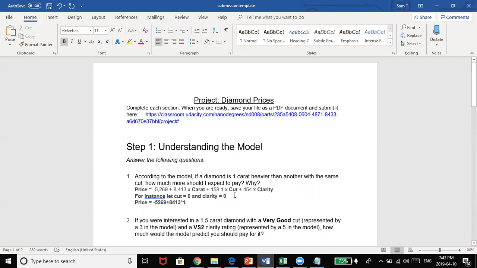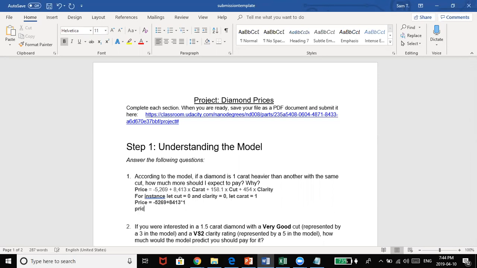So I said, for instance, let the cut be equal to 0 and the clarity be equal to 0. But also, I'm saying let the carat, which is the weight, be equal to 1, right?